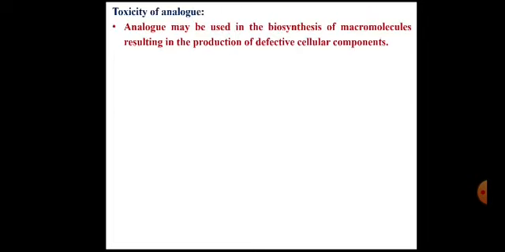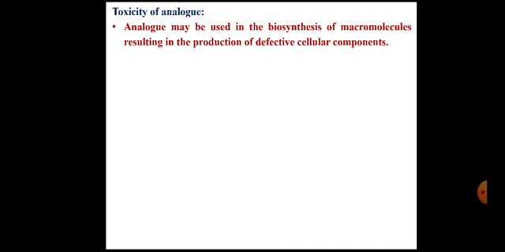Toxicity of an analog may be due to several mechanisms. One mechanism is that the analog may be used in the biosynthesis of macromolecules, resulting in the production of defective cellular products. Say for example, amino acids. Amino acids are used in the making of proteins.